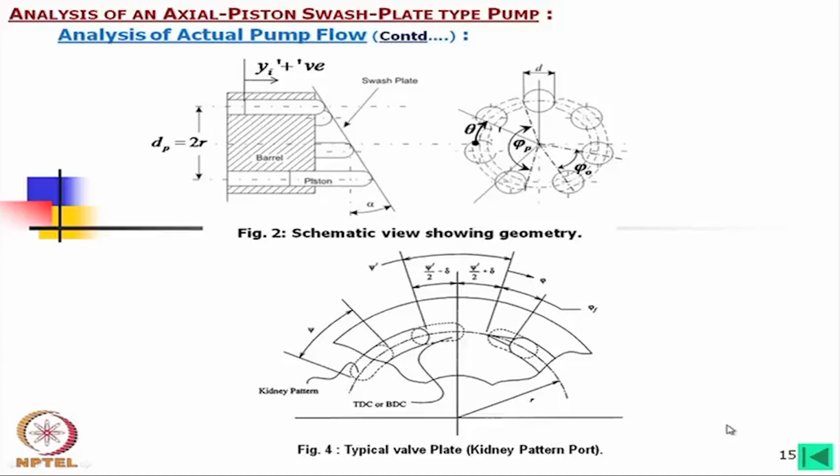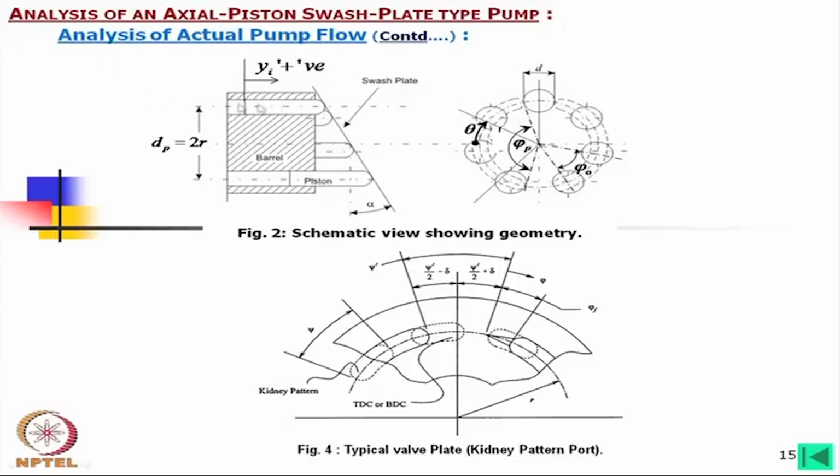Now, how is it varying? Here, this is the port we have shown, the manifold, this is actually continuous. On the barrel we could leave this hole as a bore equal to the diameter of the piston.